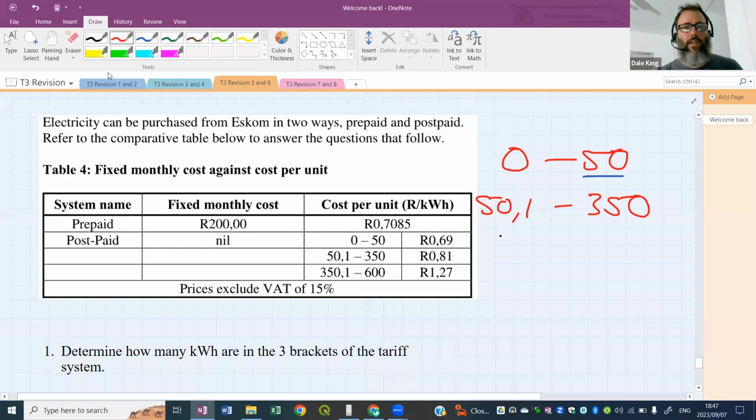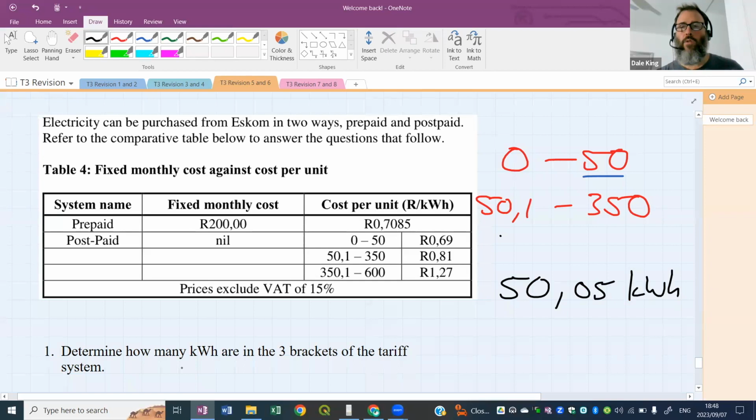But what guys do is when they work out how many kilowatts are in each bracket, they'll say 350 minus 50,1, which gives them 299,9. That's not really what they're wanting you to do, because what if someone has 50,05 kilowatt hours?